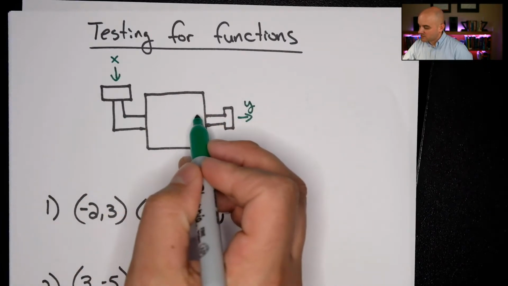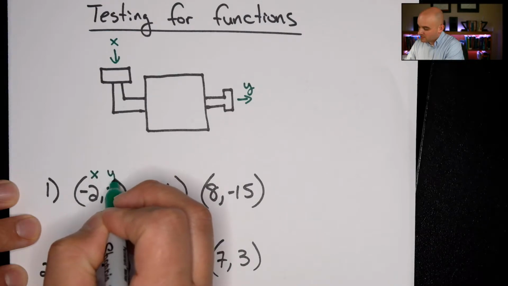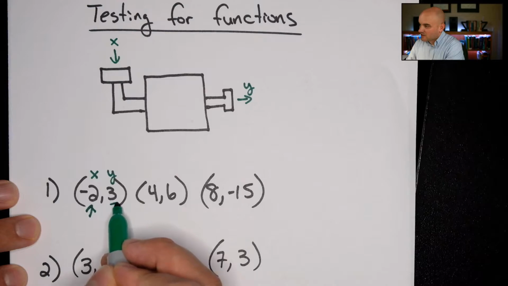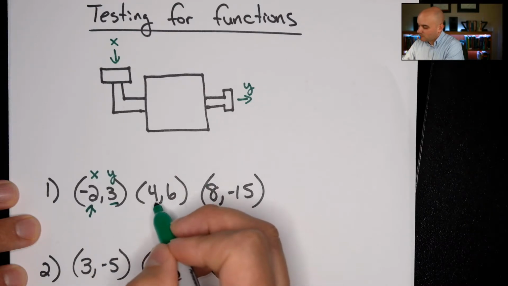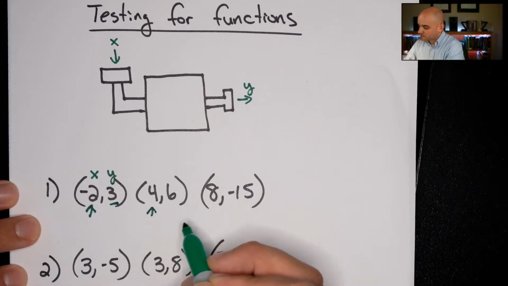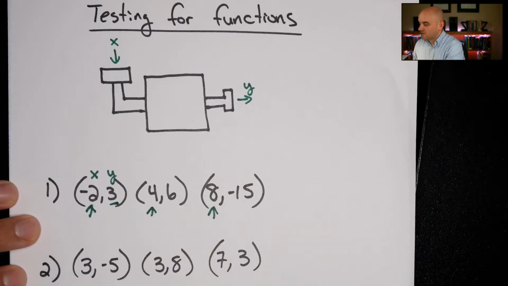So remember, this is our x value, this is our y value. We're going to input a -2, and out comes a 3. When we put 4 into the machine, it spits out a 6. When we put 8 into the machine, it spits out a -15.